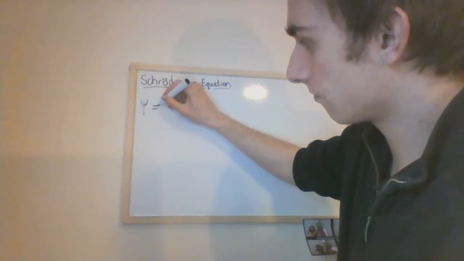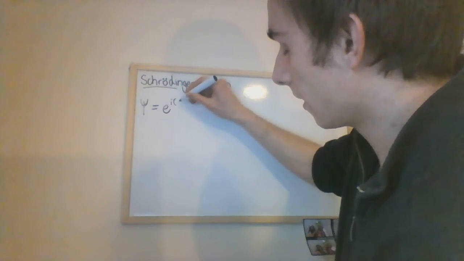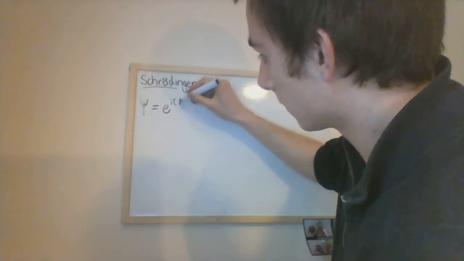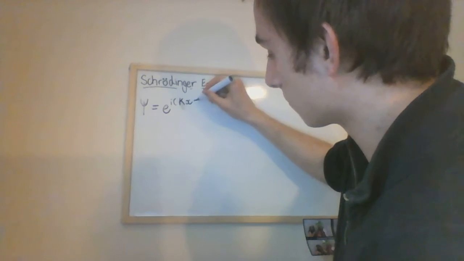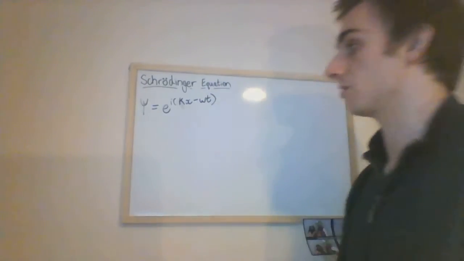The wave is described by e to the i(kx minus omega t). Not worrying about phase or amplitude here, just an expression of a wave.